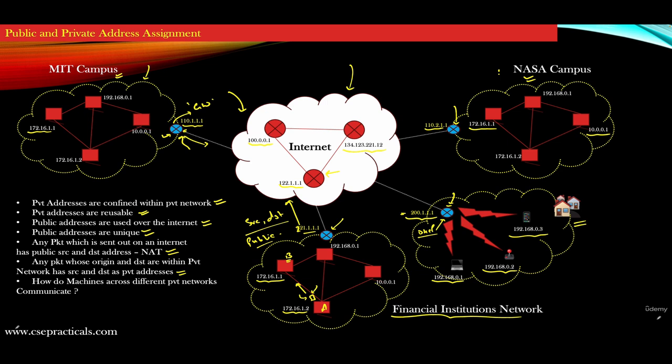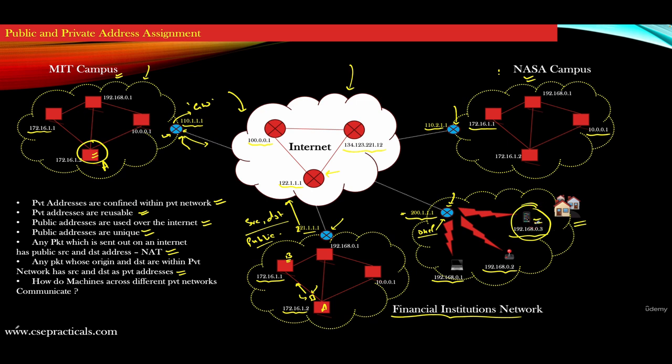So now the question is: how does your mobile phone, which has been assigned a private IP address, communicate with, let's say, a machine present in the private network of the MIT campus? Both these machines have private IP addresses. So how can a packet generated by a machine in the private network of MIT, let's say this is machine A, travel all over the internet and reach your mobile phone?